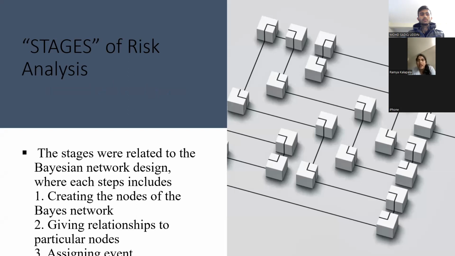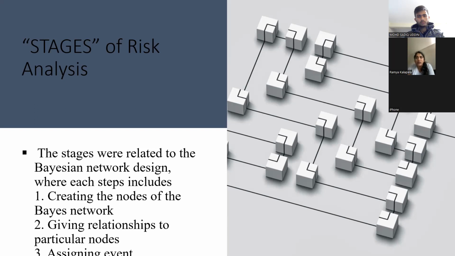The stages are related to the Bayesian network design, where each step includes these 4 steps mainly. Those are creating the nodes of the Bayes network, giving relationships to particular nodes, assigning event probabilities, and performing the calculations. These 4 different steps are performed during the different stages that are carried out during the risk analysis, and they are based on the Bayesian network design.